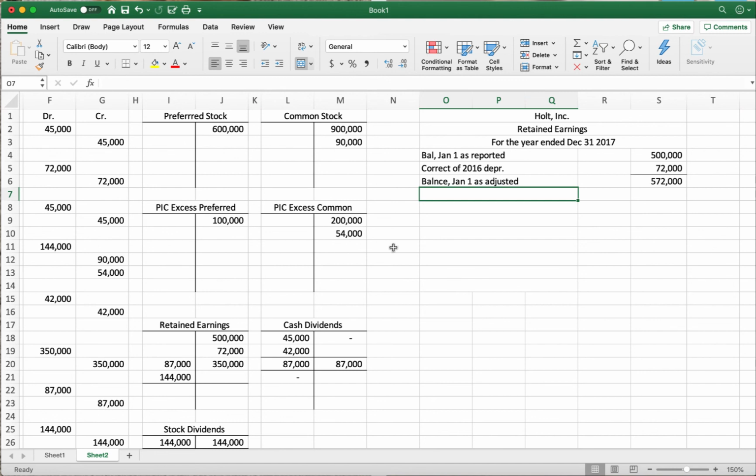Okay? Next thing we need to do is to add all of the accounts that increase retained earnings. Well, net income increases retained earnings. So I'm going to report my net income line right here.